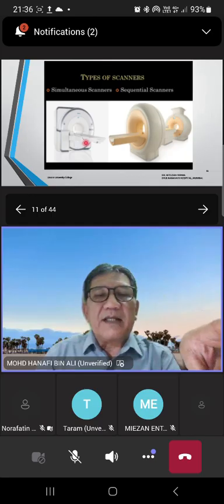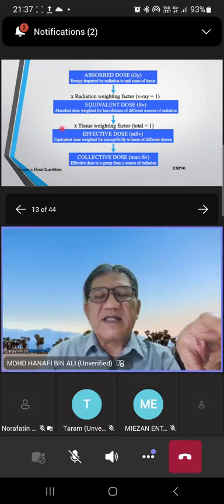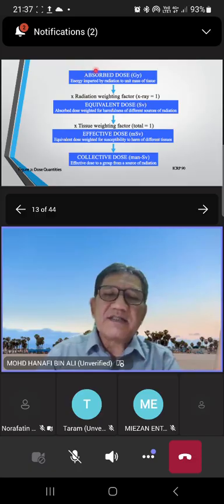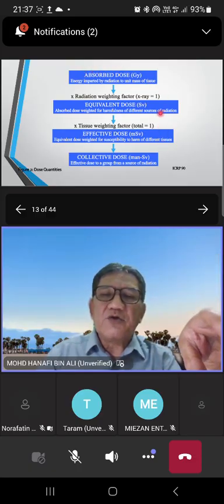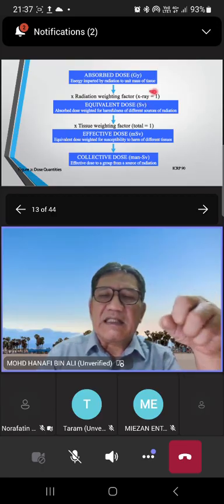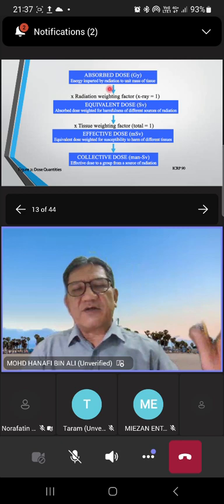Okay, but once it is imparted in the human body, we call it absorbed dose. Yeah, the unit is gray. Kerma is a different unit, but now we use the same unit, gray, as the term, so that it is easy for you to understand when I explain later on.